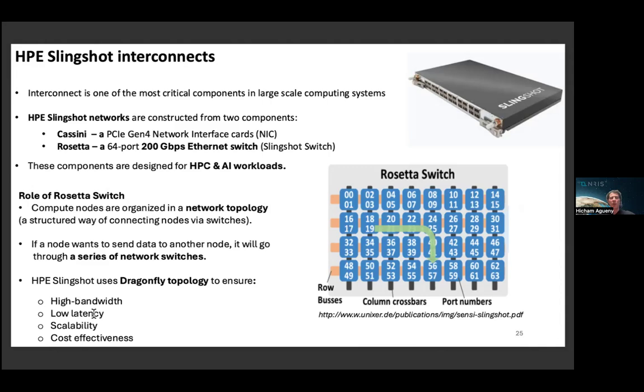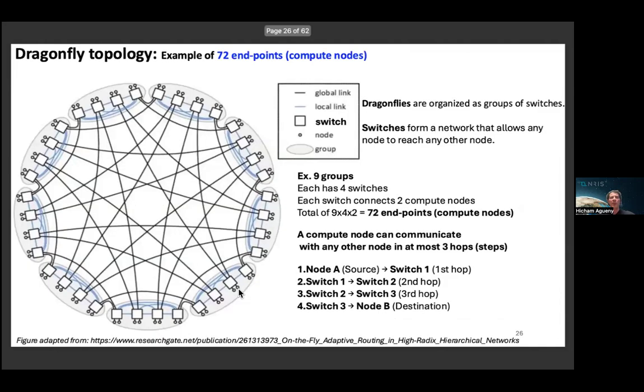So to understand the role of Rosetta, let's take a simple example of a system of 72 compute nodes. Dragonfly topology is organized in groups. So in this example, we have 9 groups.